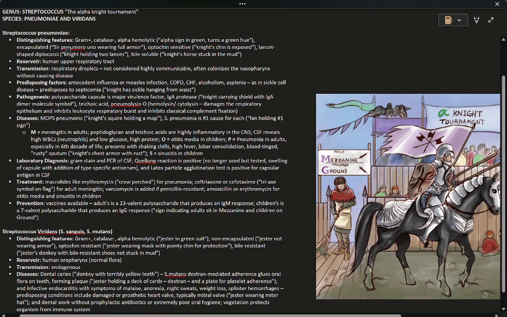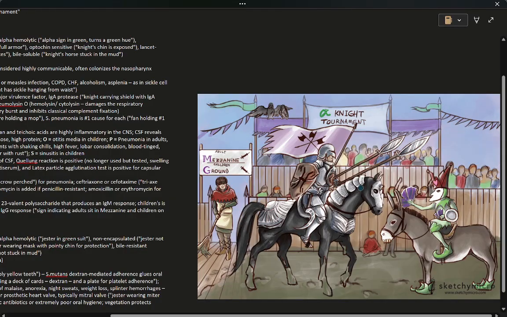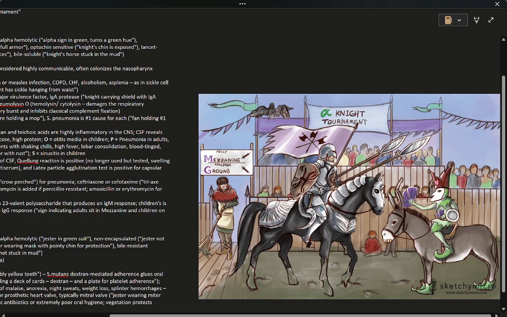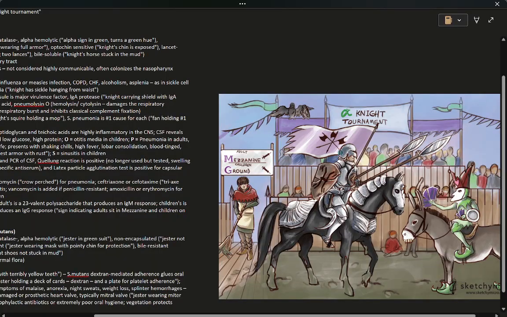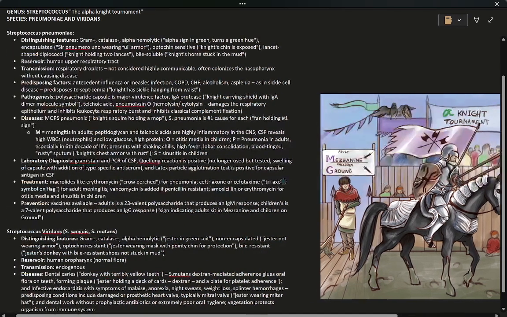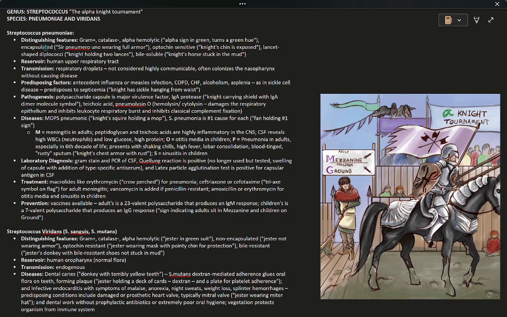So think about Sir Numero Uno wearing full armor. It looks like this is him, Sir Numero Uno. He is encapsulated in full armor. And that's how you remember that Streptococcus pneumoniae is encapsulated.